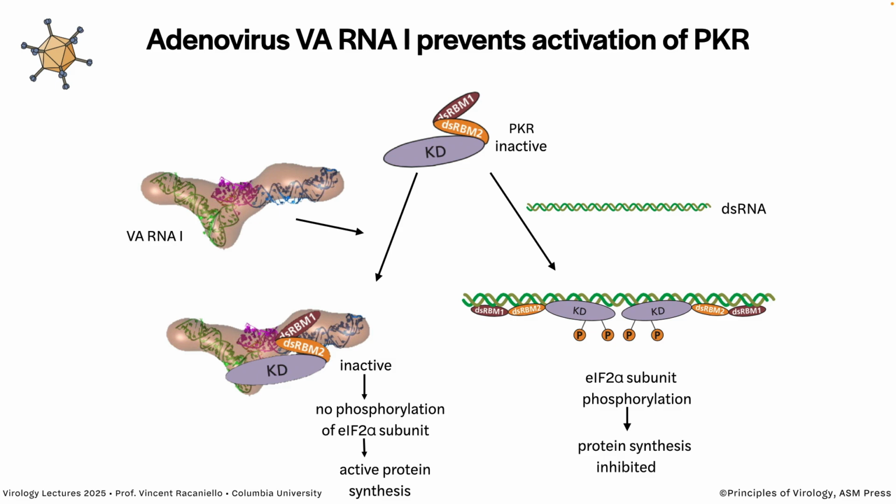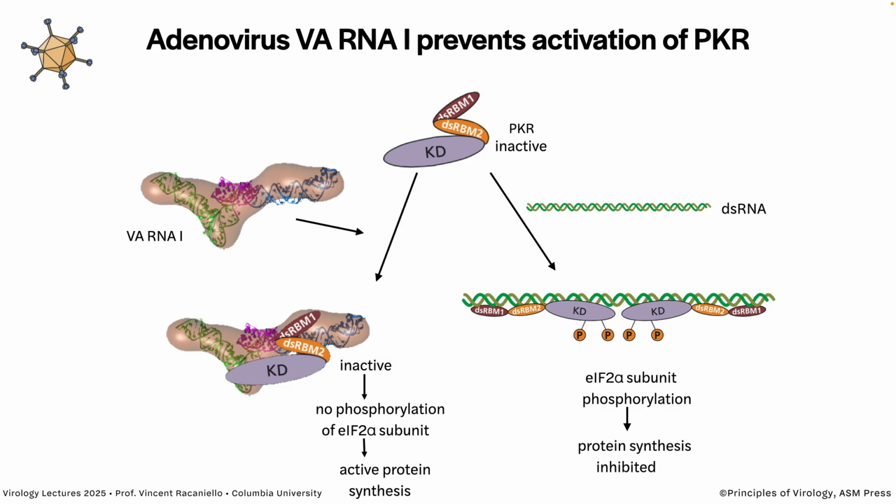It binds two molecules of PKR. They phosphorylate and activate each other, phosphorylates EIF2 alpha, protein synthesis inhibited. So early in adeno infection, you can see protein synthesis going down. But then the virus makes a small RNA called VA RNA1.